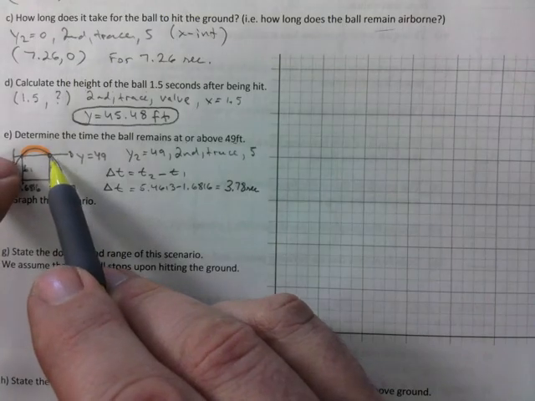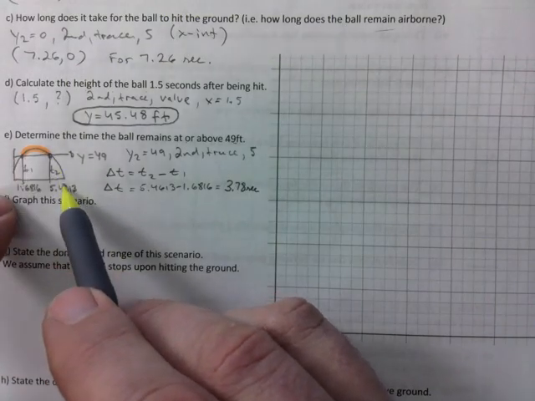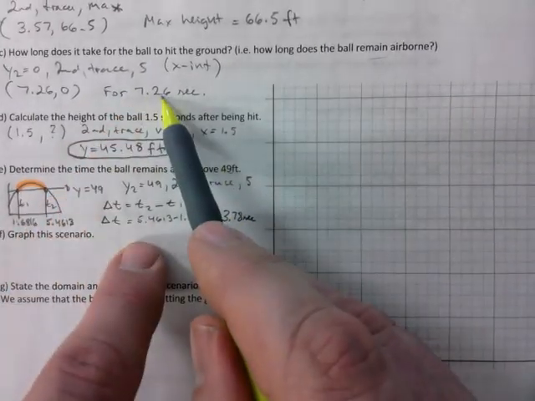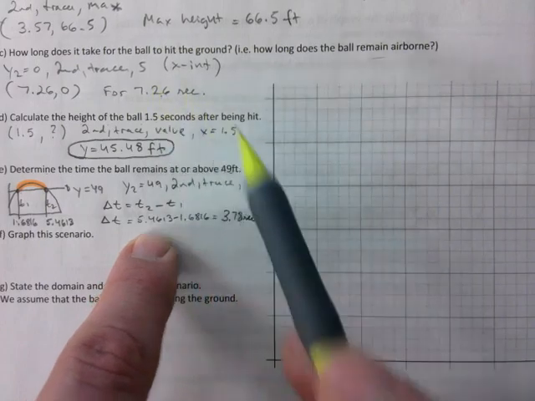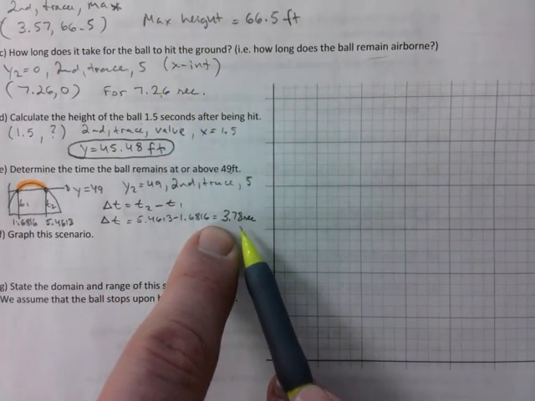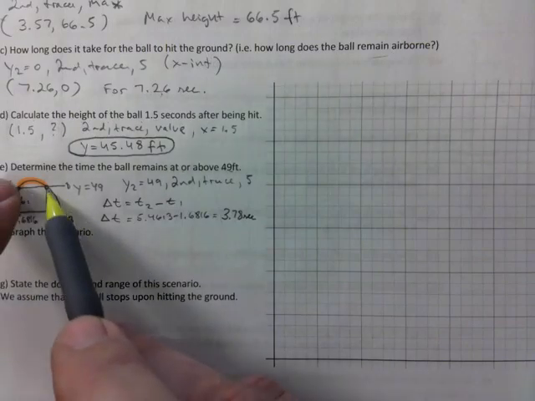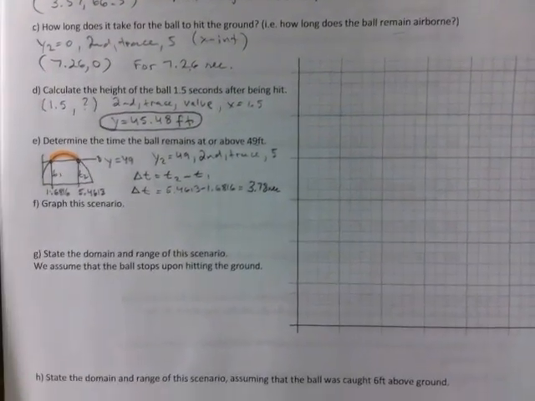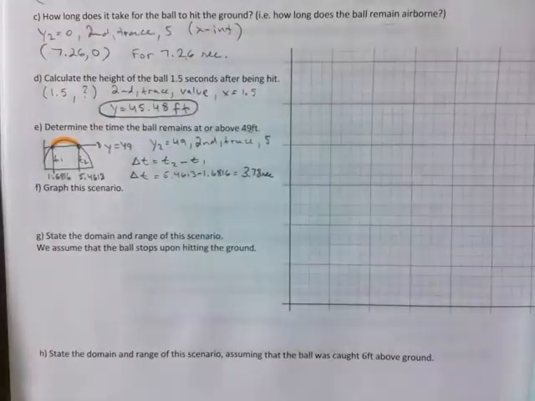What if I asked you how much time was spent below 49? How would you do that? You know the total flying time, right? We subtract the time spent above it, and then all of a sudden you have what's below it, right? So it's kind of like that reasoning that you have to kind of become. It's kind of like direct versus indirect reasoning. Same idea here. Total minus what you don't want, right?